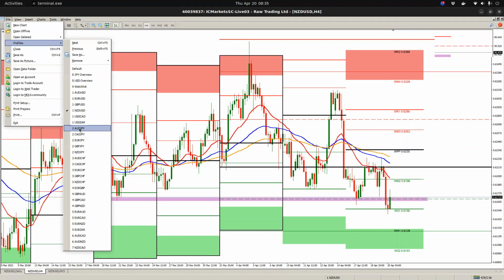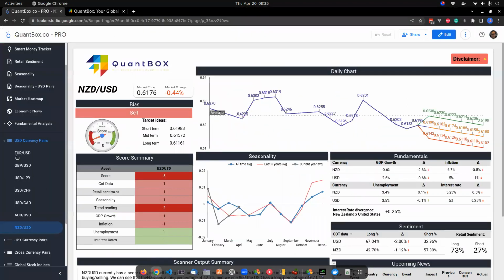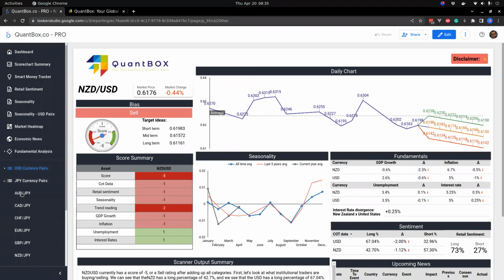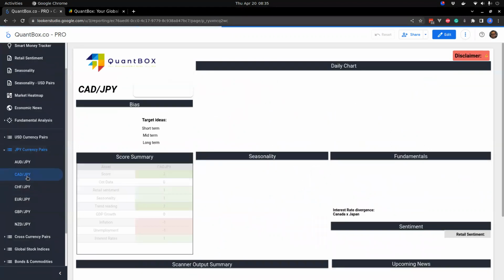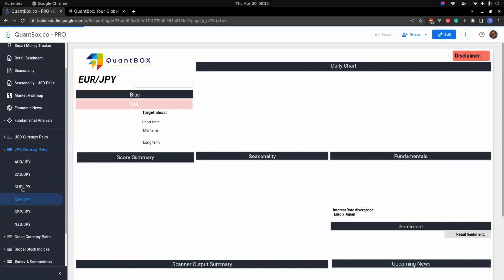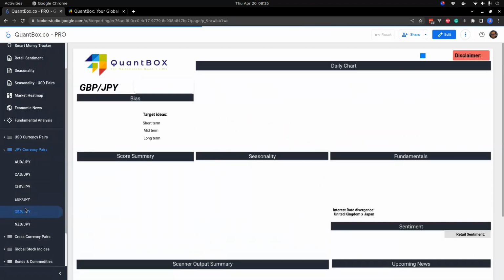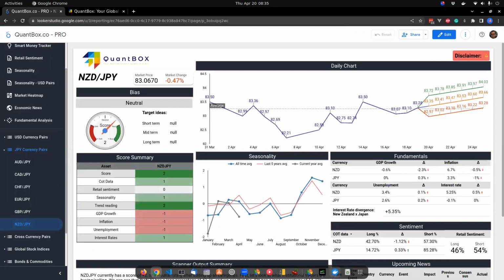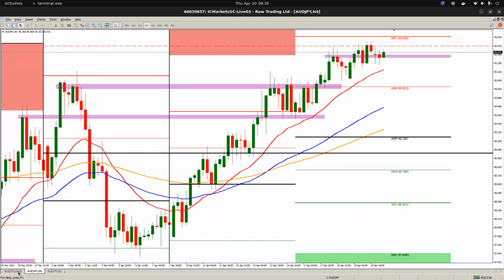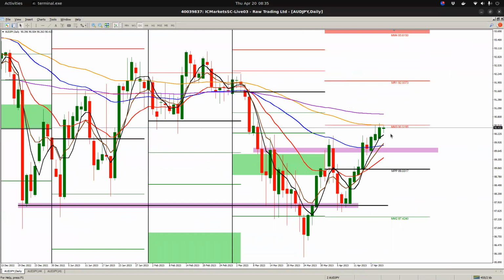Looking at the Aussie yen. So yen pairs coming through: the bias of buy on CAD yen, bias of sell on euro yen, bias of buy on pound yen, bias of neutral on Kiwi yen. The issue is, looking at your Aussie yen, you can see price coming up. We're still at this moving average here, this 100, at the monthly M3.